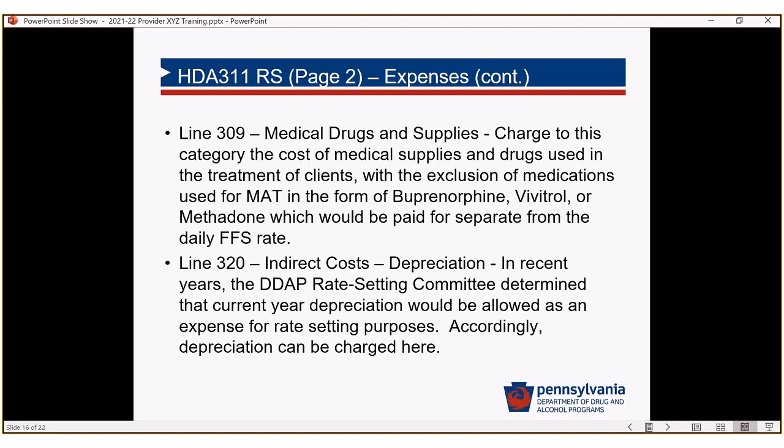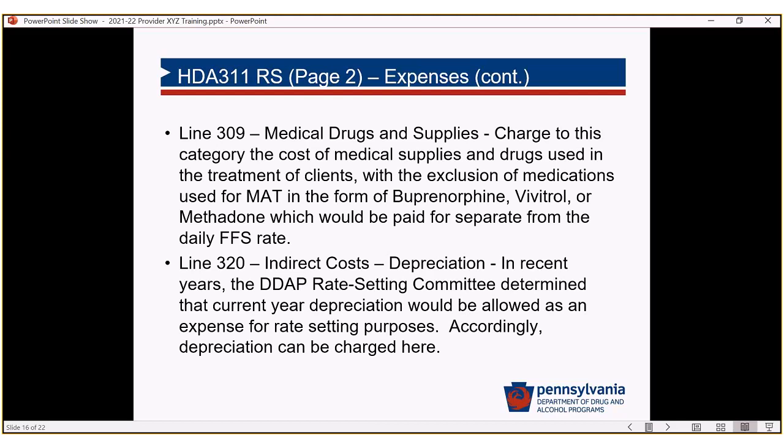Line 327, line 320, there are two line 320s, indirect costs and then indirect cost depreciation. In recent years, the rate setting committee has worked with our providers and determined that the current year depreciation should be allowed as an expense for rate setting purposes.